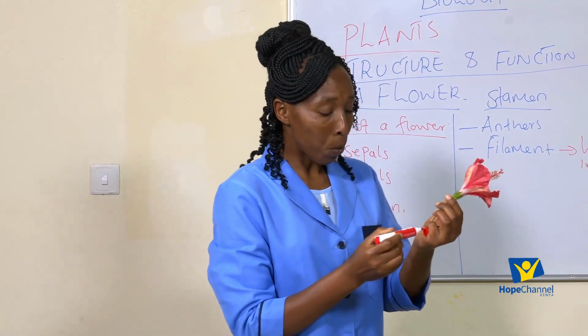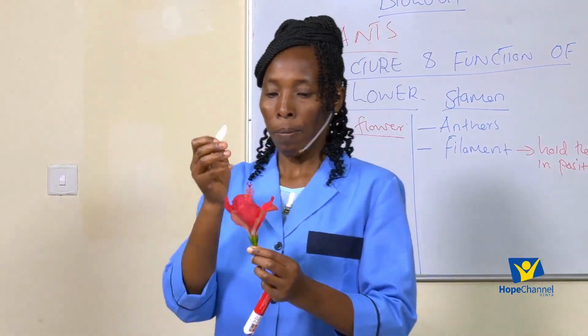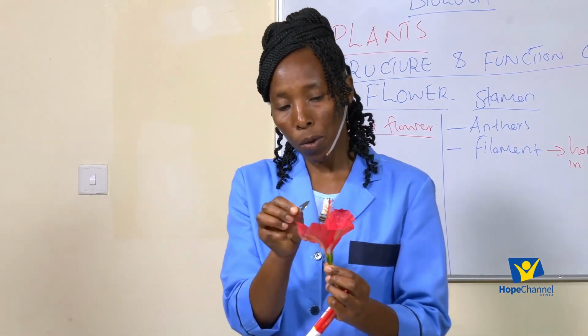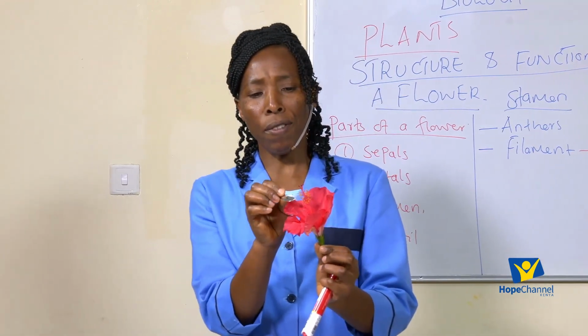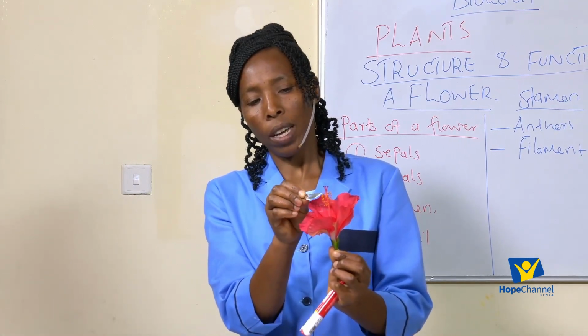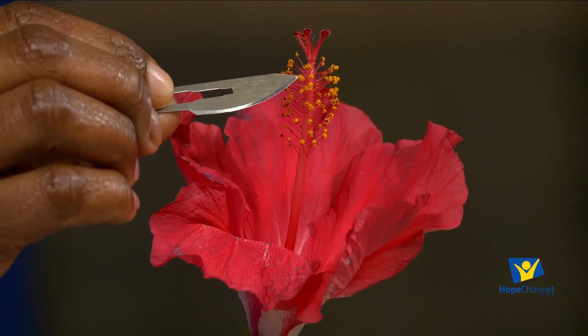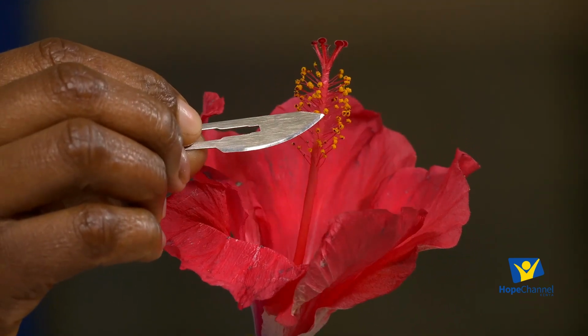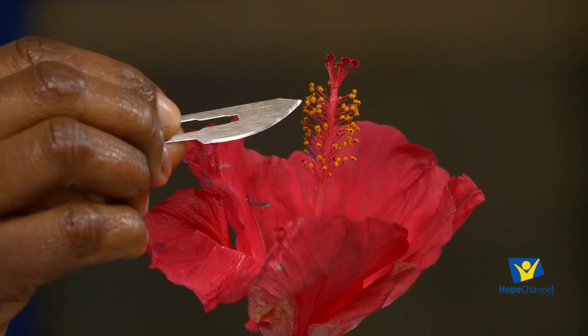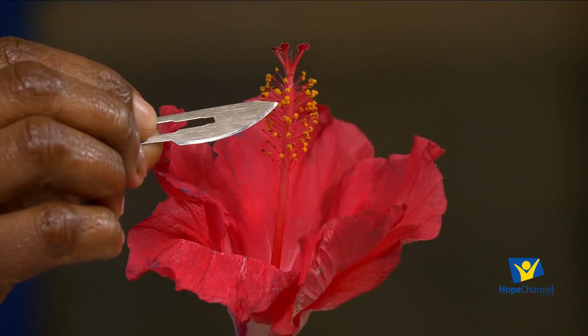So if we were to check on the structure of the filament, I believe you can be able to see. If you are very keen, you can see there is this part that looks yellow. Okay, can you see this part? Those are the anthers. That is the anthers, and that is where we produce the pollen grains.